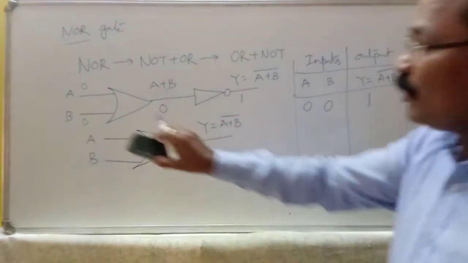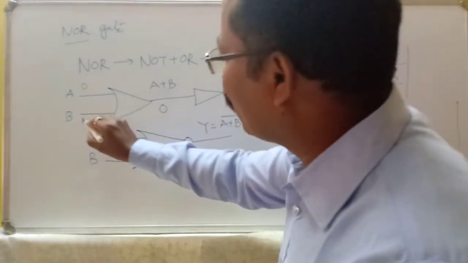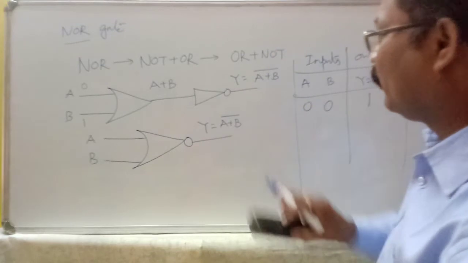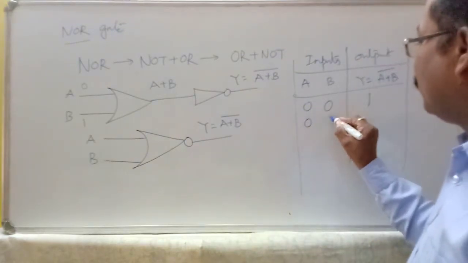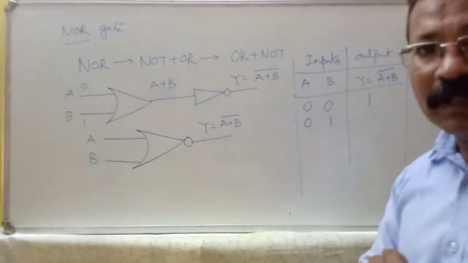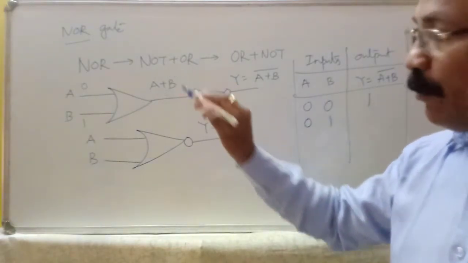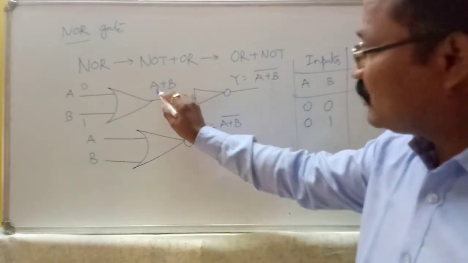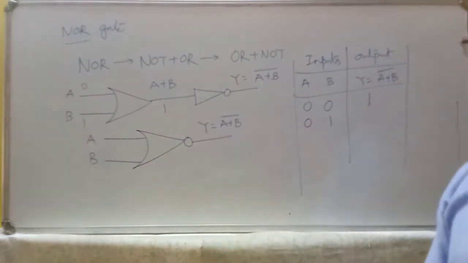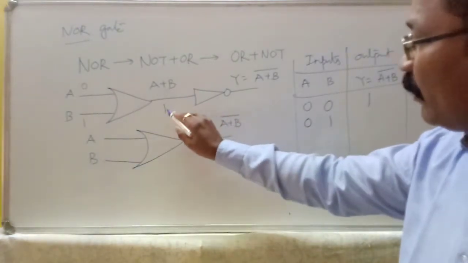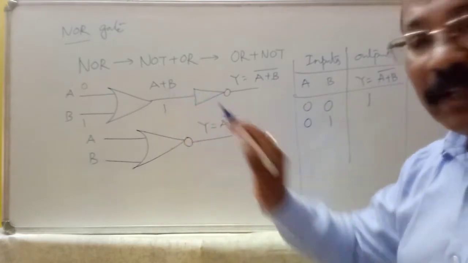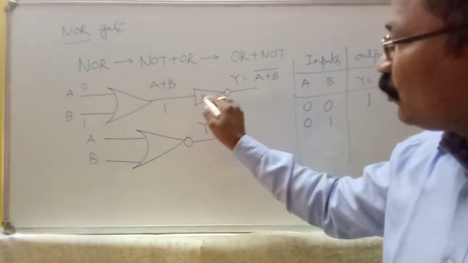Now if A is 0 and B is 1. As per the OR rule, A plus B, 0 plus 1, is equal to 1. This 1 is applied to the NOT gate. The NOT gate inverts the given input. So here 1 is applied to this NOT gate.